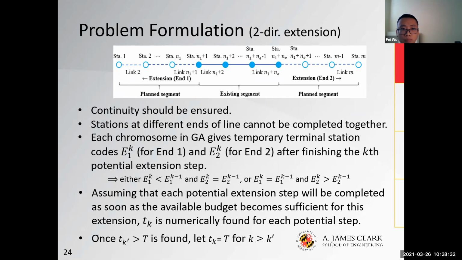We are still assuming that we need to ensure the continuity of the line during the extension. We are also assuming stations at different ends cannot be completed together.